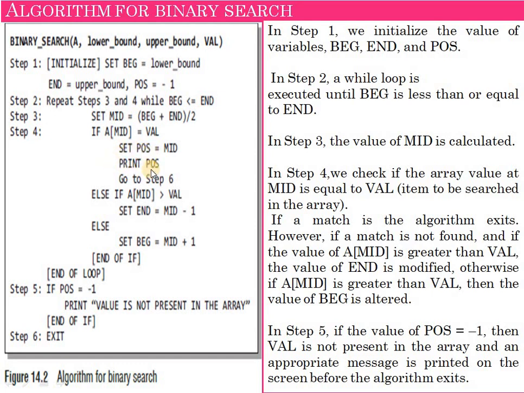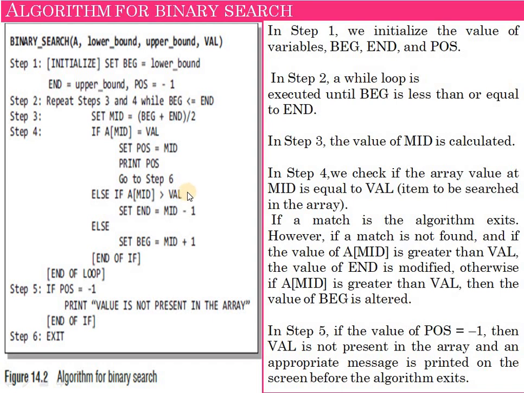Okay, now if this is false, meaning A of mid is not equal to val, then we go to the else if. Now in the else we check if A of mid is greater than val.